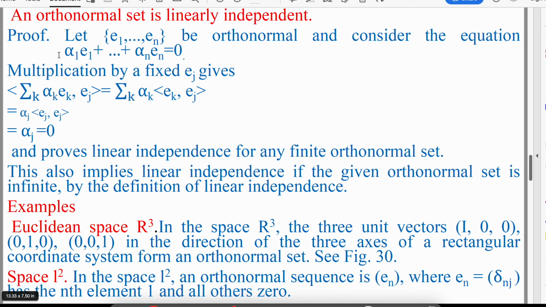If we multiply it by ej, then we get, I have written in short, means in summation form, alpha 1 e1 plus alpha 2 e2 plus alpha n en to be sigma alpha k ek, where k varies from 1 to n, and its inner product with ej gives, alpha can be written outside.